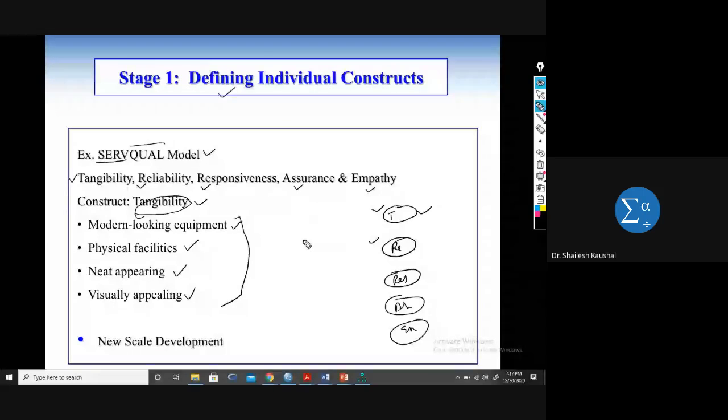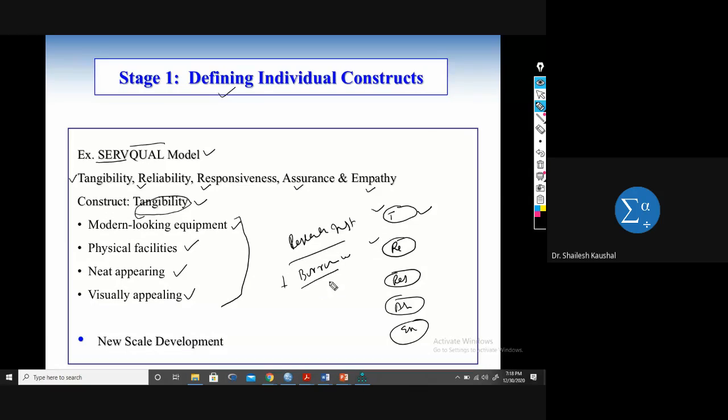Generally in structural equation modeling, we use a research instrument. There are three types. One is that I borrow, or adopt, the research instrument from other researchers.